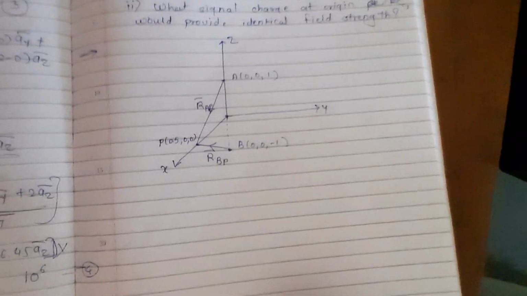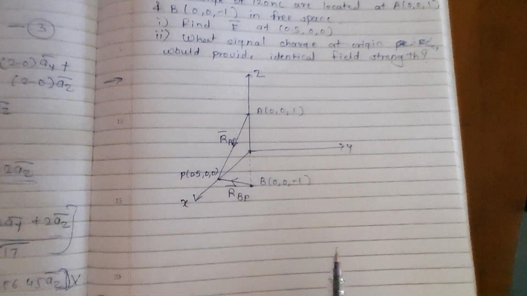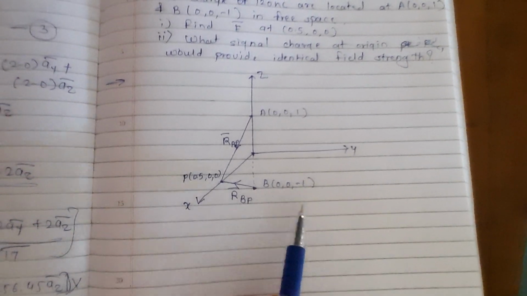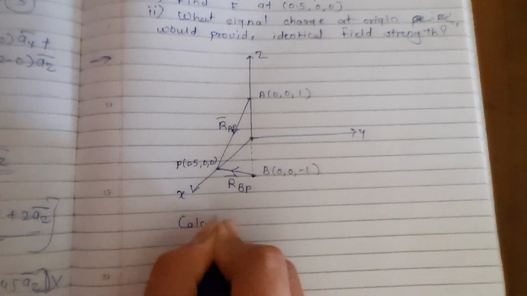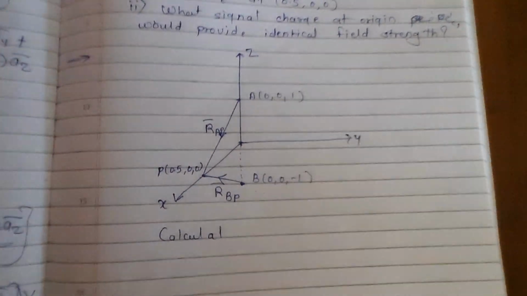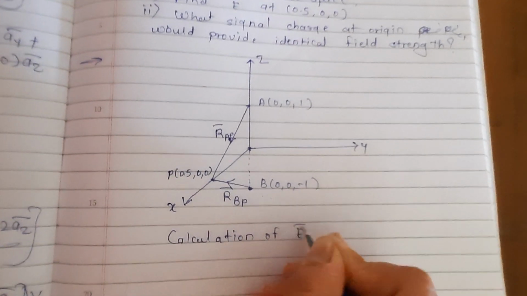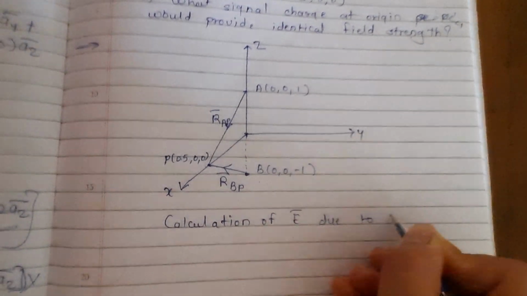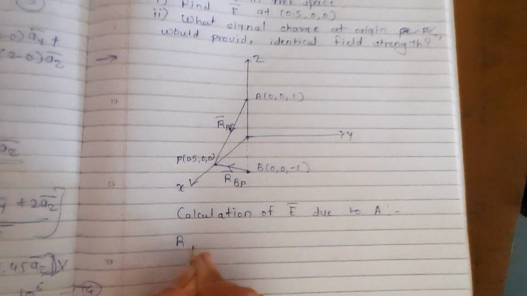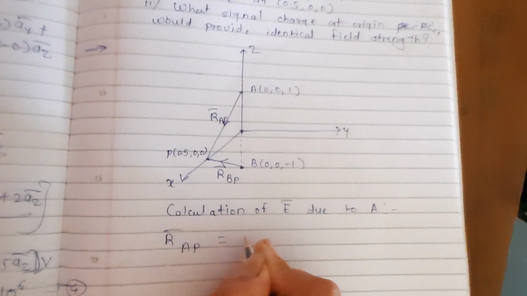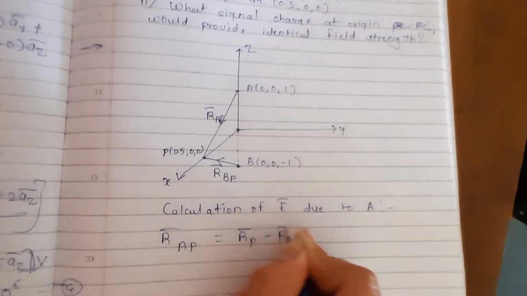First is the calculation of E bar due to A, and the second is the calculation of E bar due to B. So first, calculation of E bar due to A. Here R_AP bar is equal to R_P bar minus R_A bar.